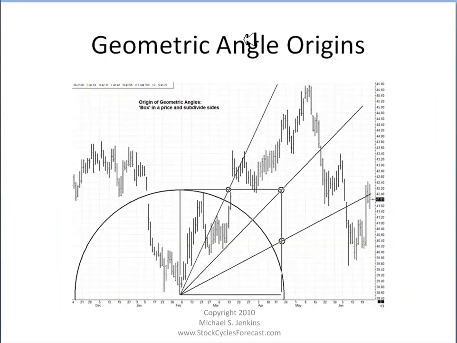Some of the origins of the geometric angles are such that if we took a little box over our initial impulse wave here, and in this case I took the initial impulse wave and drew a circle around it, and then what I did is I did a segment of 90 degrees off of the circle. And so you can see the diagonal of this square is a 45, and half of that is a 2x1.